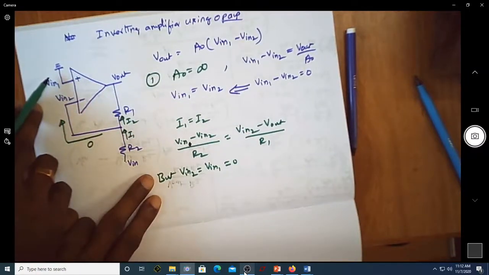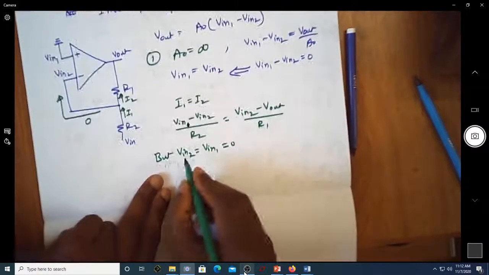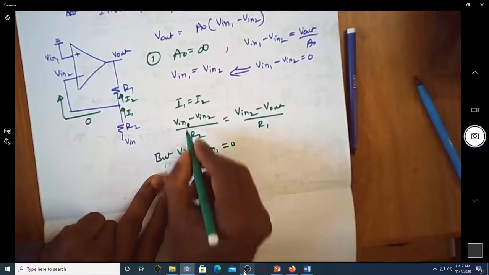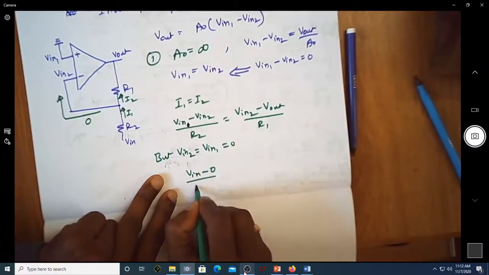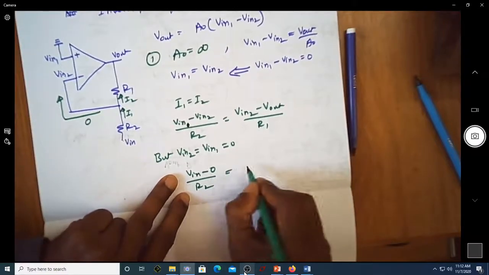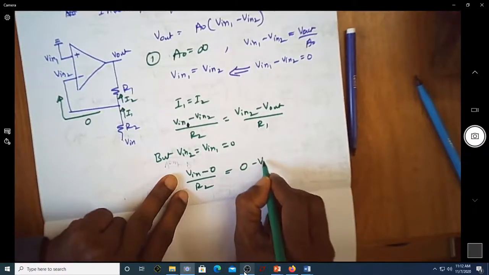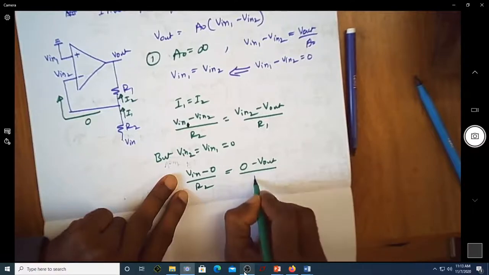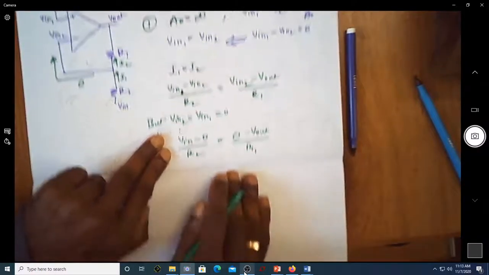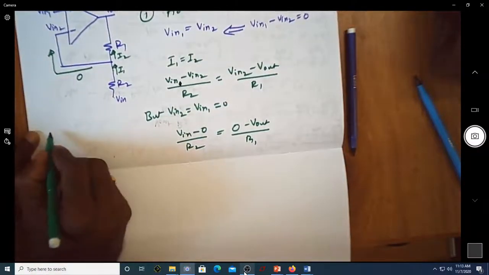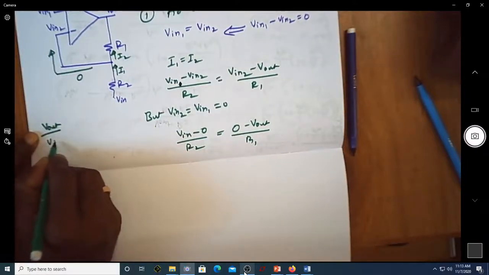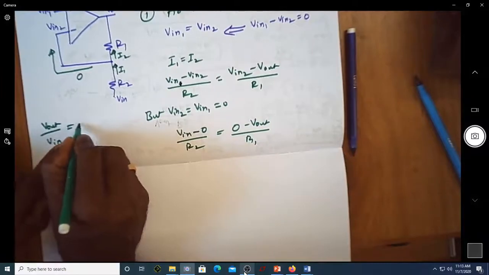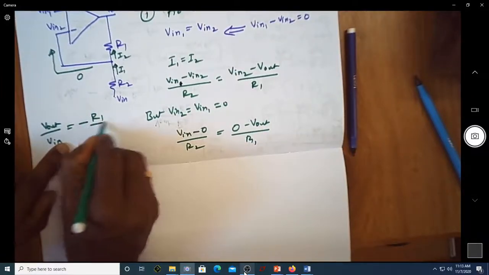Since V in 1 is grounded, I can write this as V in minus 0 by R2 is equal to 0 minus V out by R1. So from this we can write V out by V in as equal to minus R1 by R2.